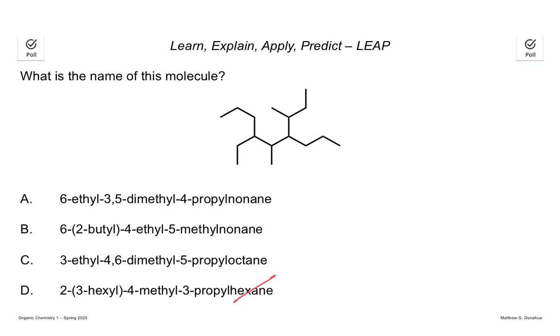So really what you're doing is, when you look at these lines and bends and stuff, they're paths. And the first rule of the nomenclature, you have to walk the longest path. So I crossed off hexane. Hexane is 6 carbons. Of the other choices, you have nonane, which is 9, and octane, which is 8.